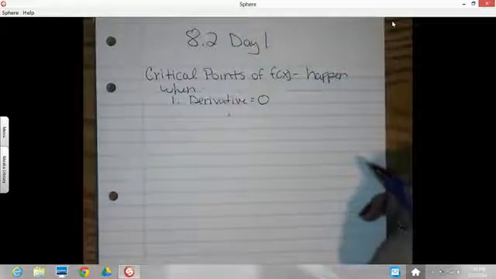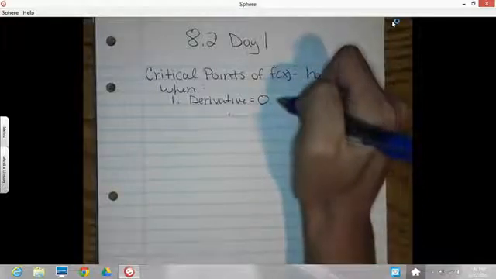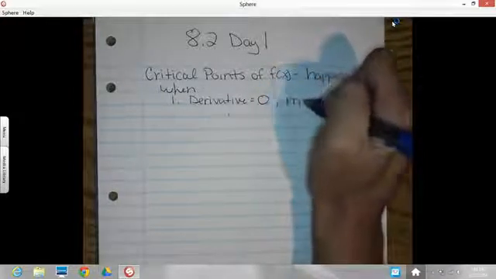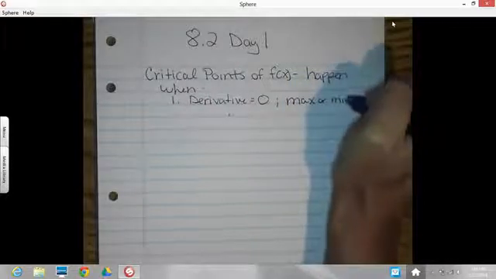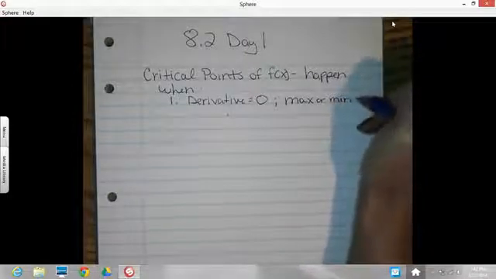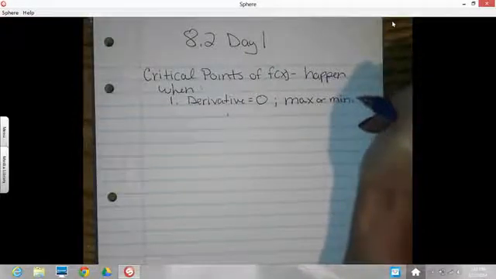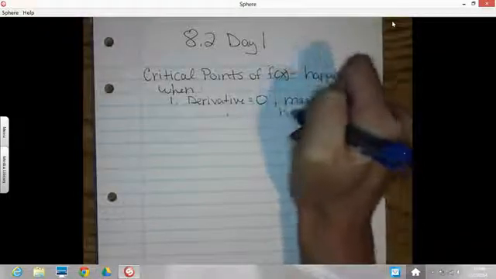You should know a couple of these. Remember, we get a 0 derivative when there is a max or min on the original function, and also one that we haven't talked about is when there's a horizontal plateau. So a max, a min, or a horizontal plateau.